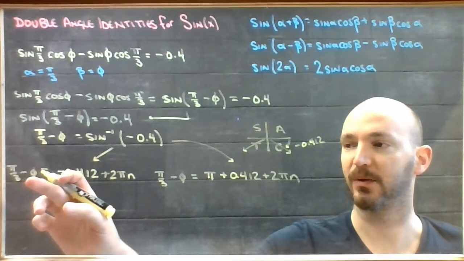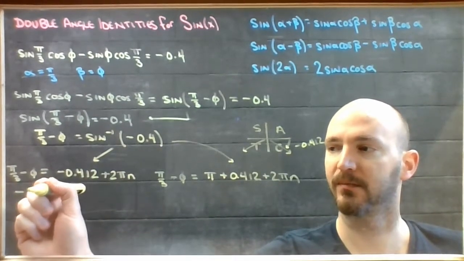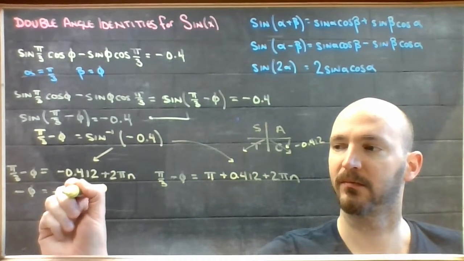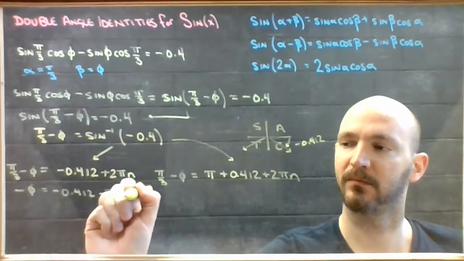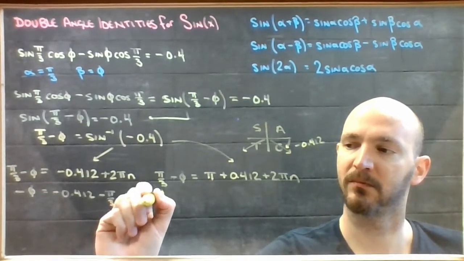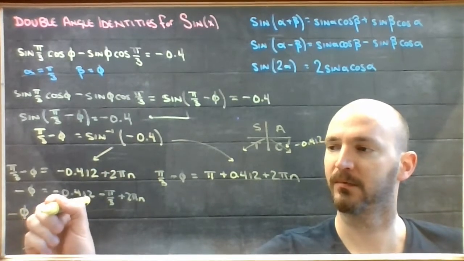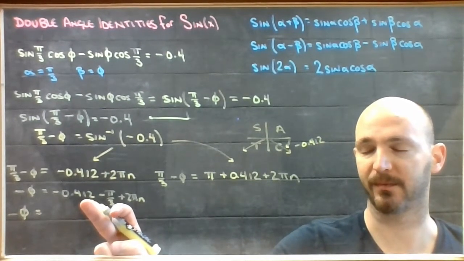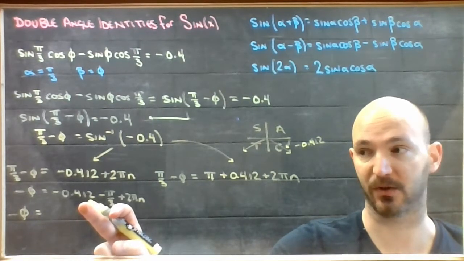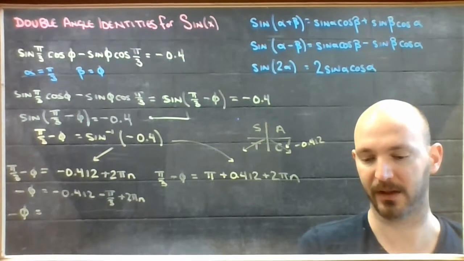I'm going to subtract pi over 3 from both sides. Because I can't write this as a fraction of pi, because it wasn't a special triangle answer, I'm going to have to actually do pi divided by 3.